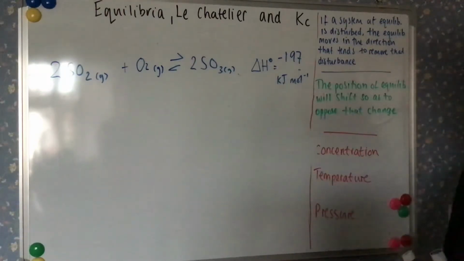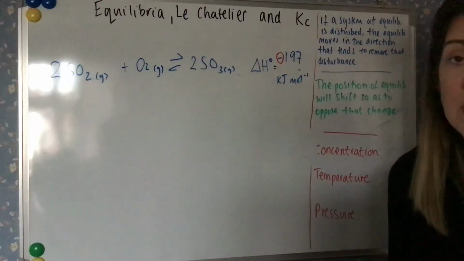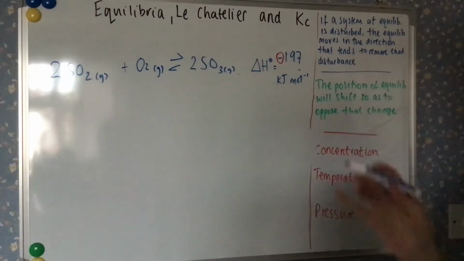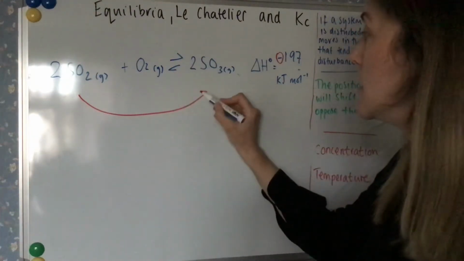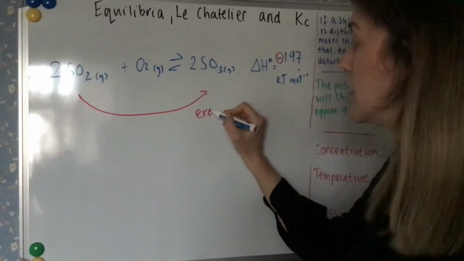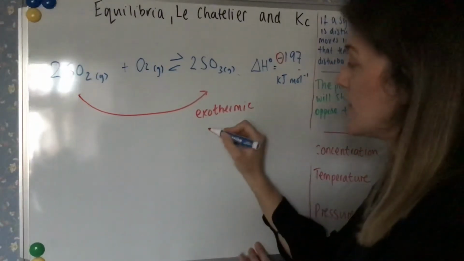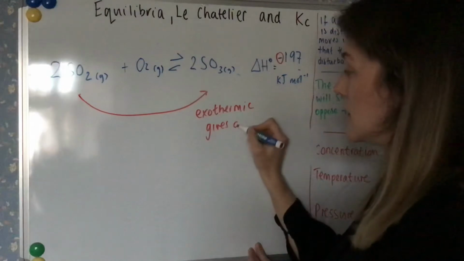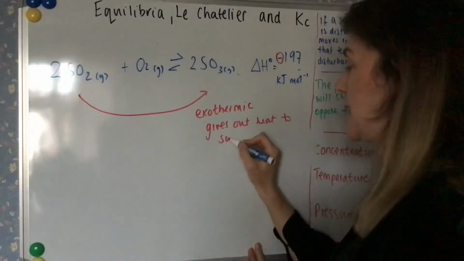Negative means that the reaction is exothermic in the forward direction, so it gives out heat to the surroundings.